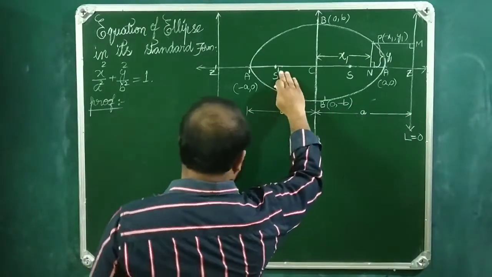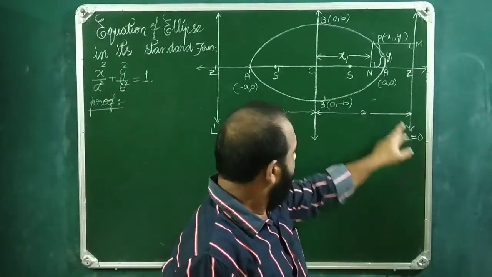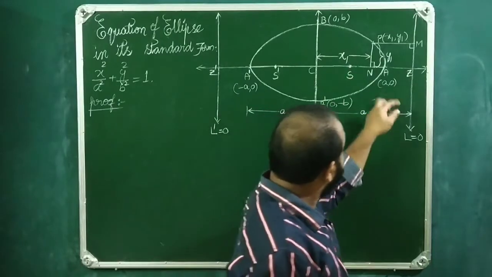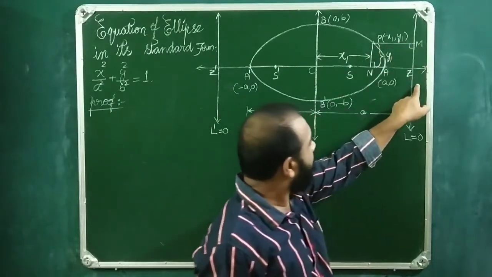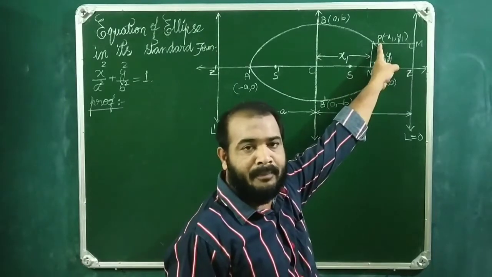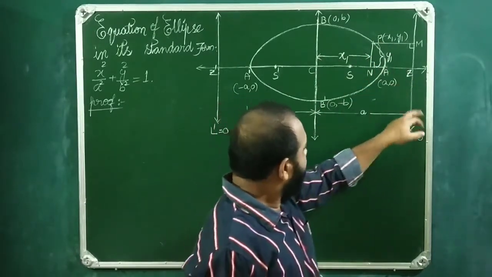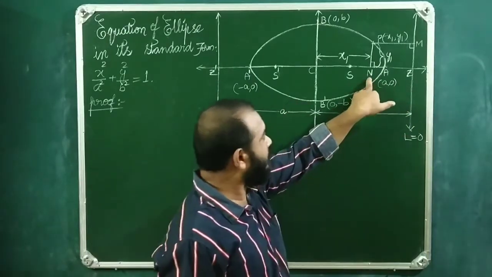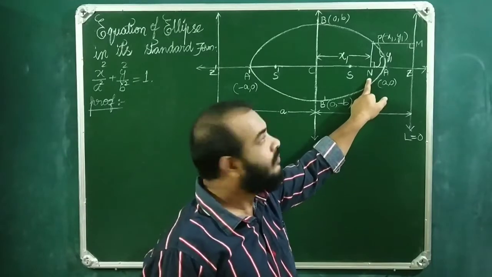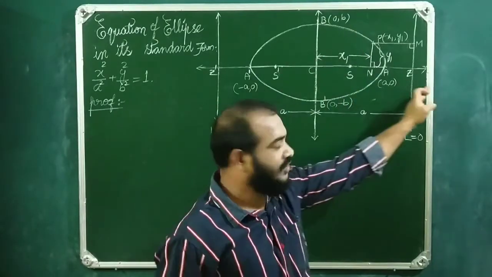So here S is the focus, L equals to 0 is the directrix, and here M comma Z are the projections of P. And what is this point P? P is any point on the ellipse. And N is the projection, or simply we can say perpendicular or normal, of P on SZ.